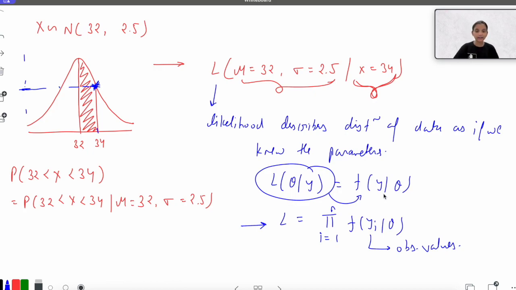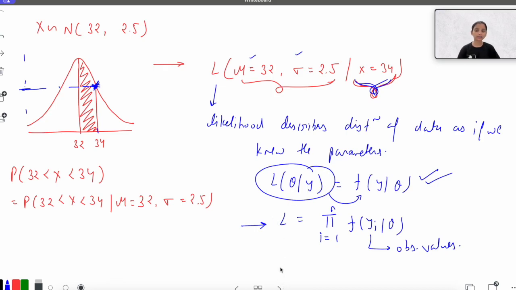Okay, and why is the likelihood a good method, or why did we study it? Because likelihood helps us to compare different parameter values within a model. Let's say if I change these parameter values for this particular observed value, this can be a better way for me. Okay, I will find out the best distribution for that observed data.